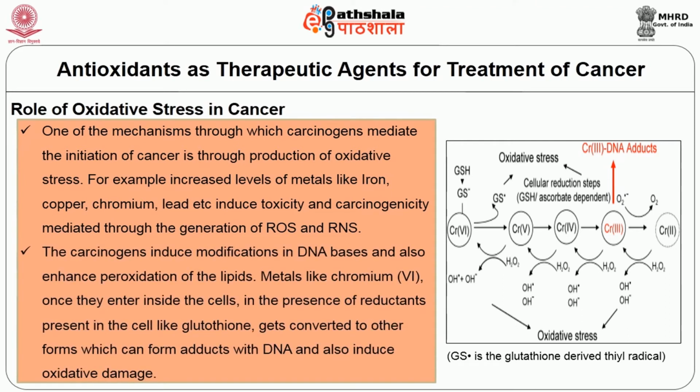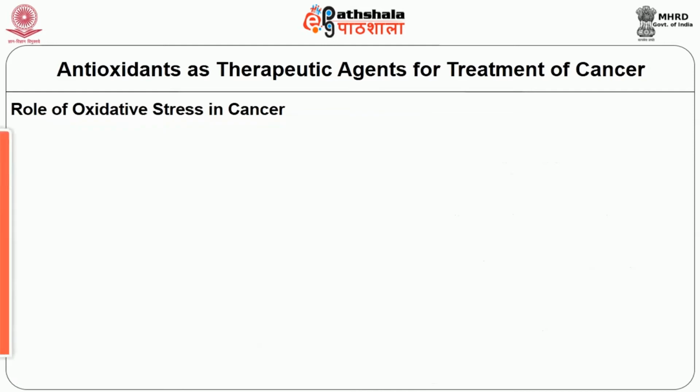The carcinogens induce modifications in DNA bases and also enhance the peroxidation of the lipids. Metals like chromium, once they enter inside the cells, in the presence of reductants present in the cell like glutathione, get converted to other forms which can form adducts with DNA and also induce oxidative damage.